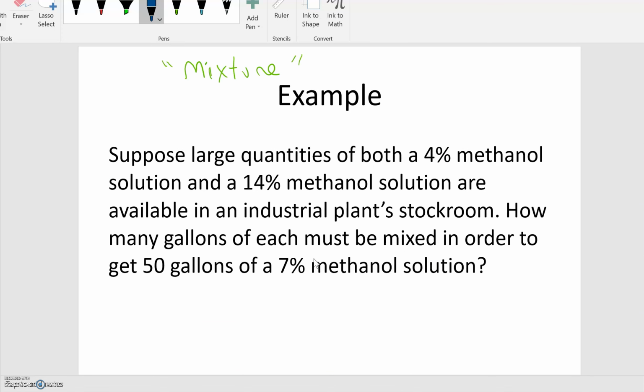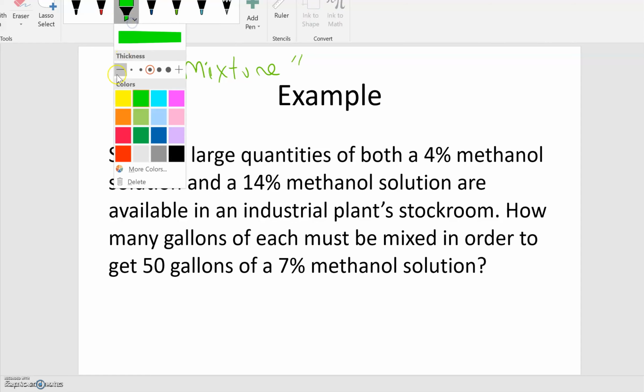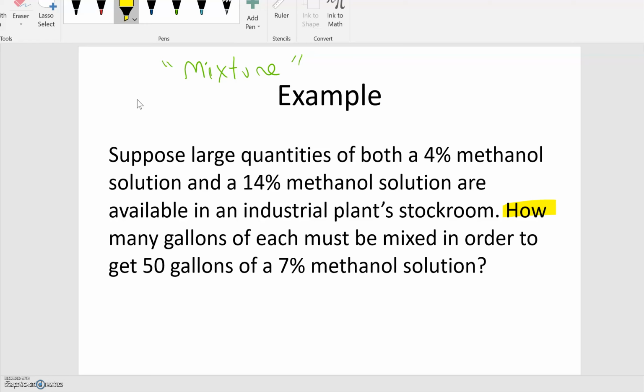Suppose large quantities of a 4% methanol solution and a 14% methanol solution are available in a stockroom. Here's the question. How many gallons of each must be mixed in order to get 50 gallons of a 7% methanol solution? So the question is this: how many gallons of each? I know that the full question is this entire sentence, but this tells me what my unknowns are.